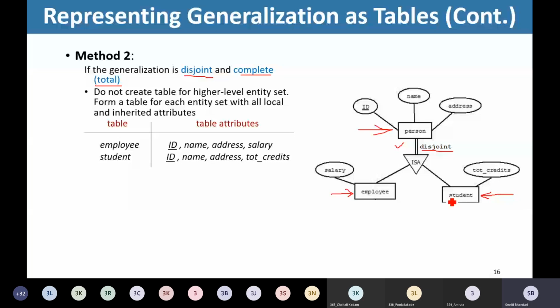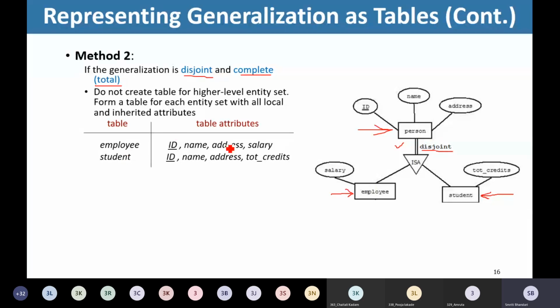And what about the attributes? For employee, no doubt the lower level attributes would be there, but in addition I'll be storing all the attributes associated with the higher level entity set also.